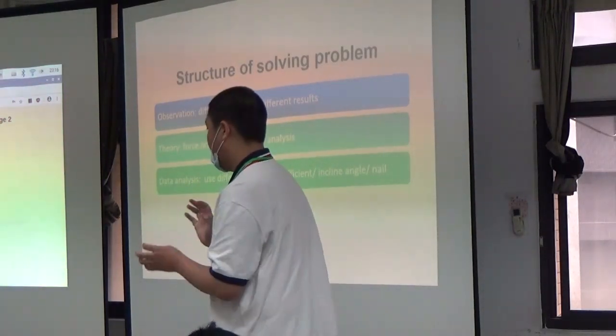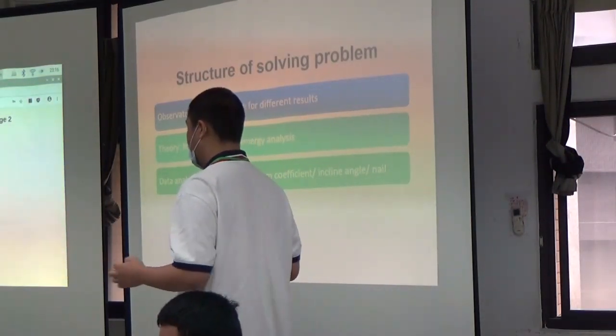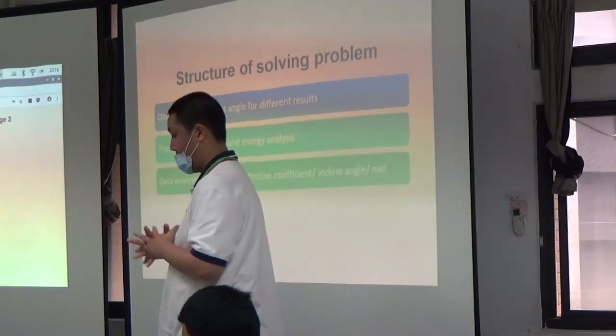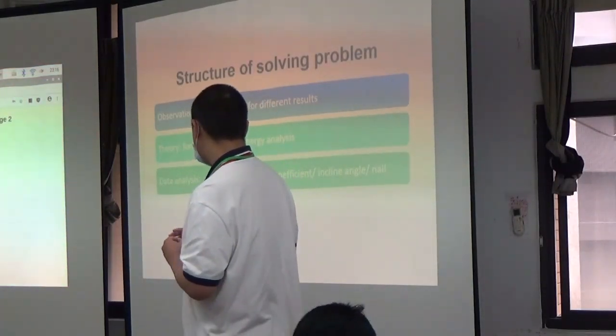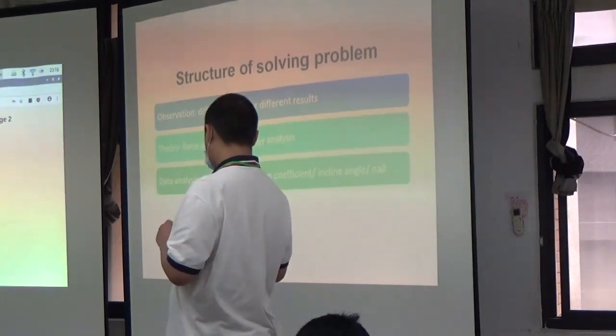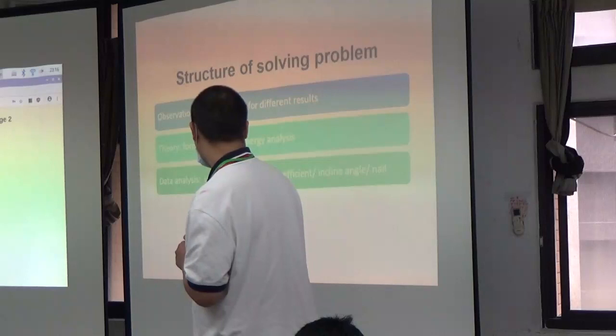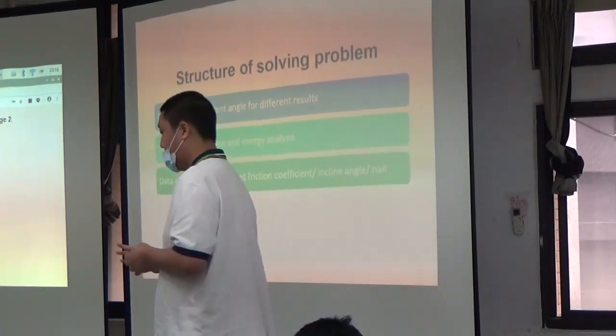Then they did a force analysis and an energy analysis of the screw, and finally in the data analysis they used different friction coefficients, incline angles and different kinds of nails to discuss.